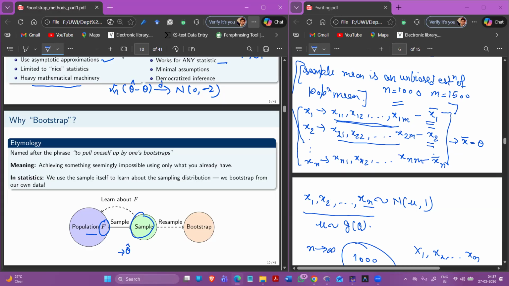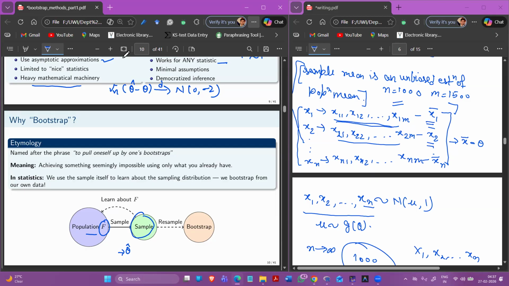All right. So what we do after that is take a resample. Since we cannot resample from the population F, because from the population we have only one sample, we cannot take different samples from the population. So we approximate it by using the empirical distribution. We will take samples again, resampling from the sample.